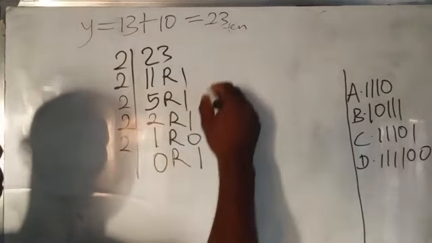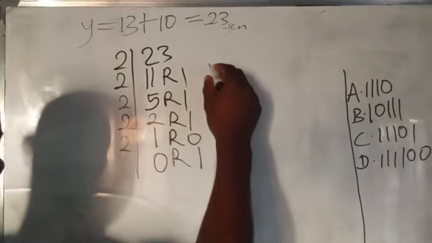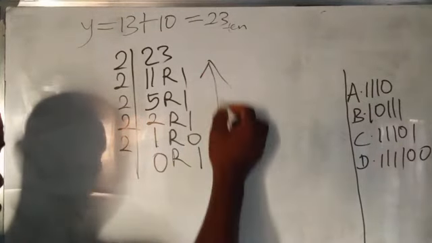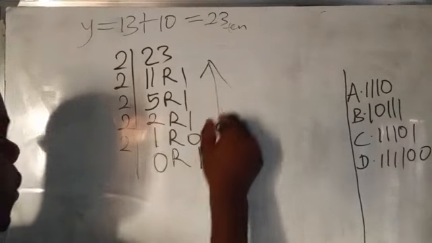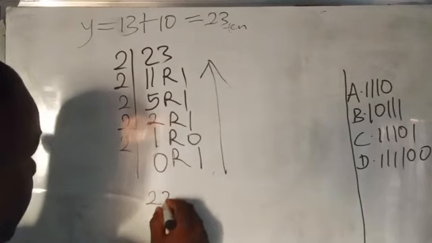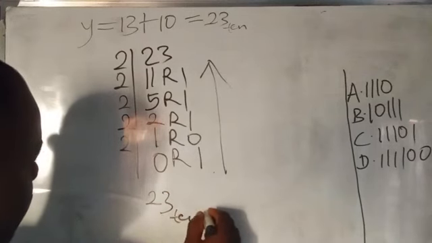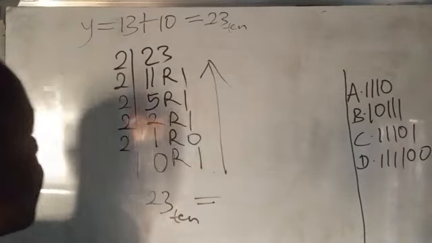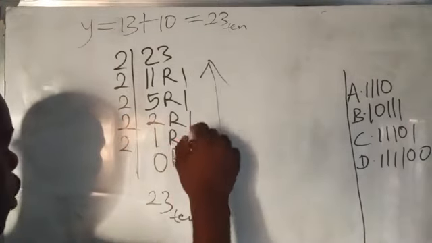Then you draw your arrow like this from down up. So 23 base 10 will now give you base 2.